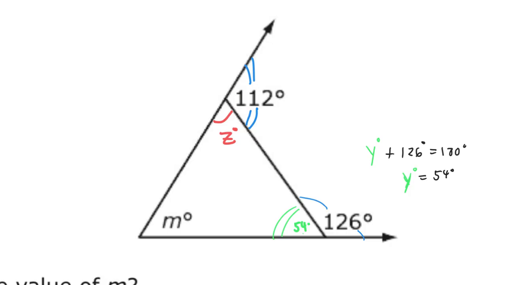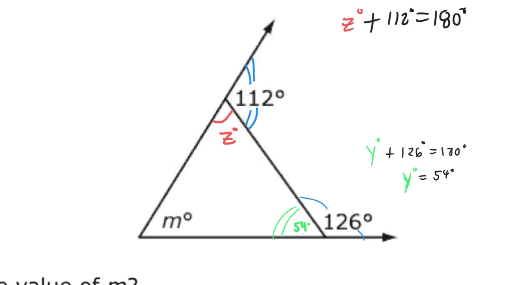So that's a linear pair also. And I think my student watching would agree, therefore, that the 112 plus the red z, well, that's going to add up to 180 also.